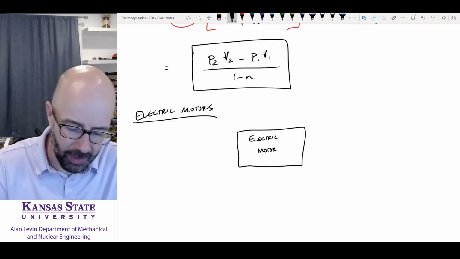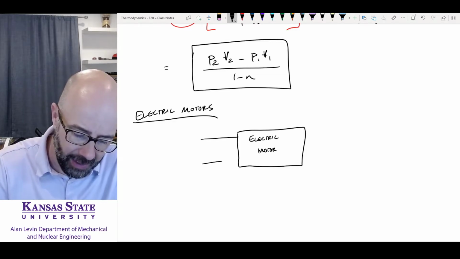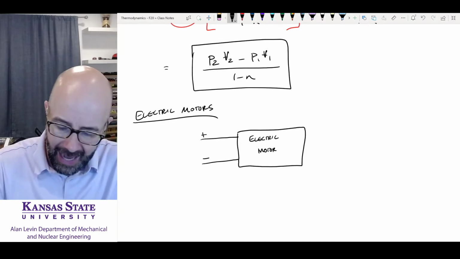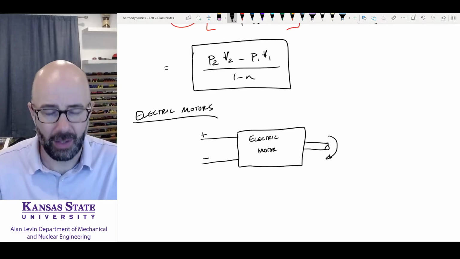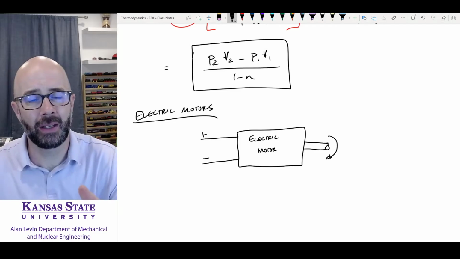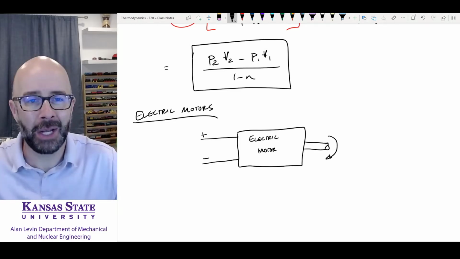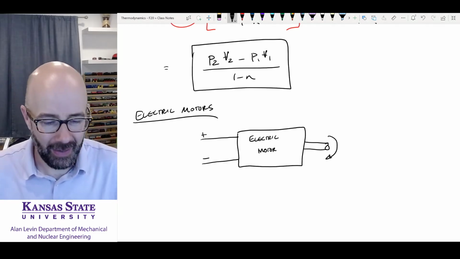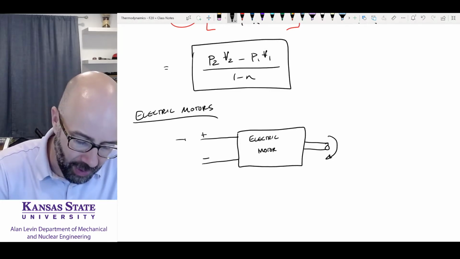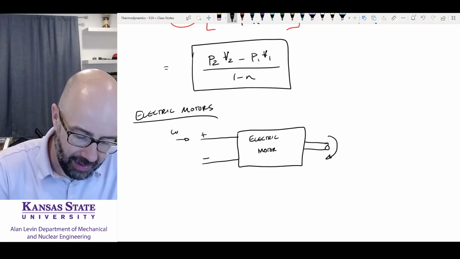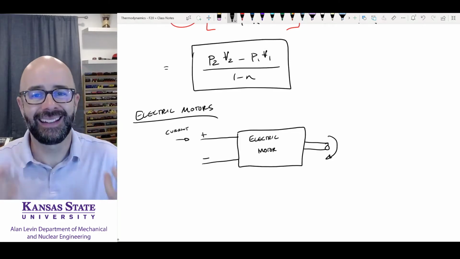Okay, what happens? You plug the electric motor in, so I'm going to say there's a positive and negative, and out the other side what's going to happen is the shaft is going to rotate. That's basically what's happening. Electrical engineering is coming in one end, and mechanical engineering is coming out of the other. So you have a current going through this, and you're going to have a voltage between the positive and negative.